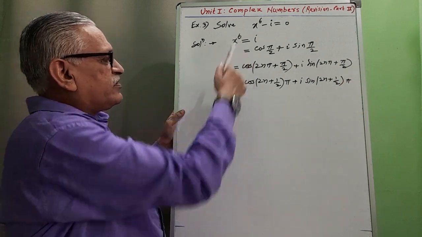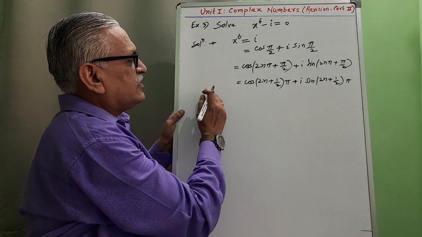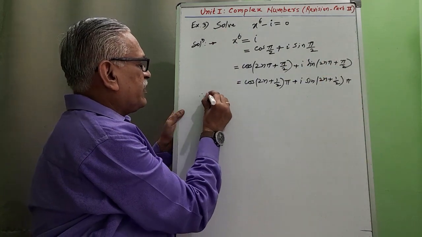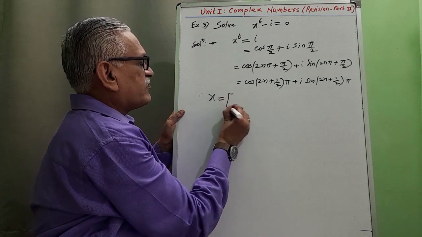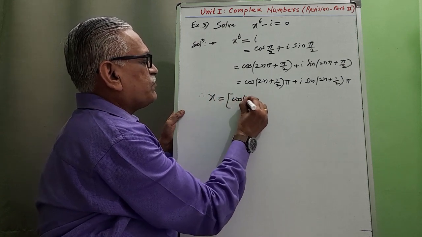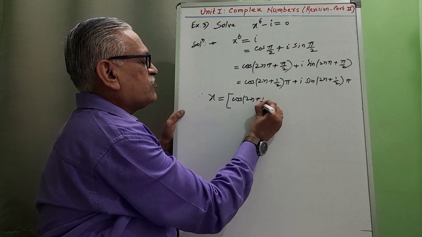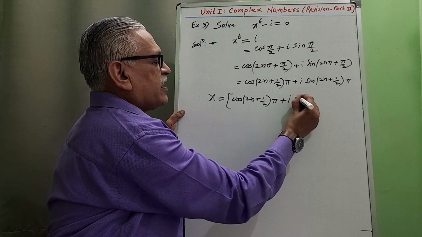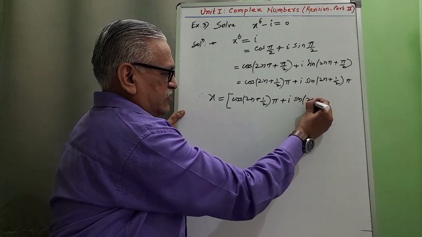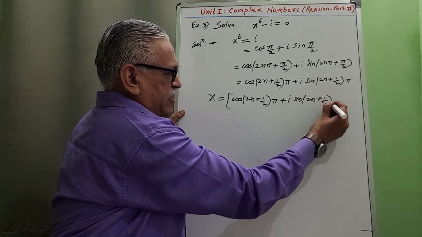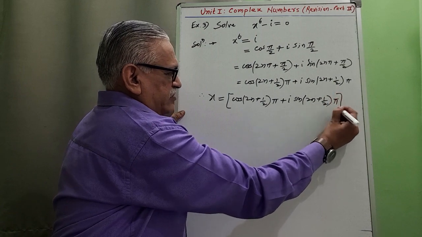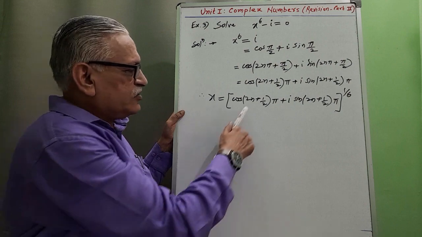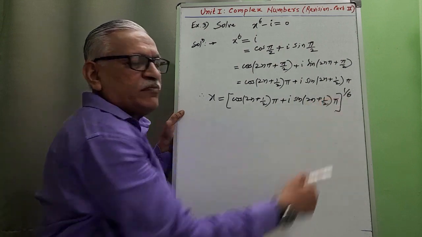Then taking power as 6, or transferring this power 6 to the right hand side, therefore we get the value of x as cos of 2n plus 1 by 2 times pi plus i times sin of 2n plus 1 by 2 times pi, and this bracket raised to 1 by 6. This is cos theta plus i sin theta raised to some n.